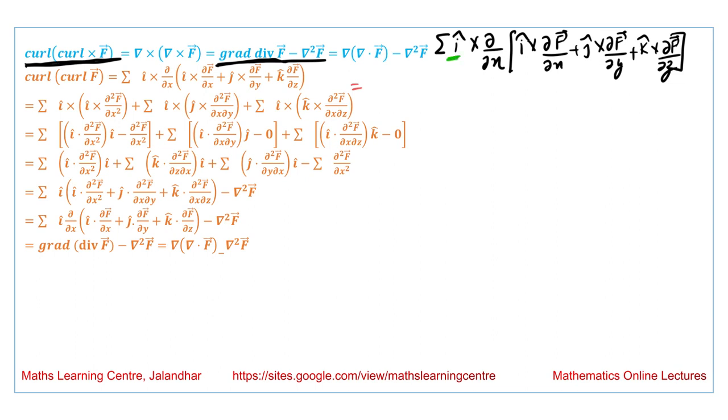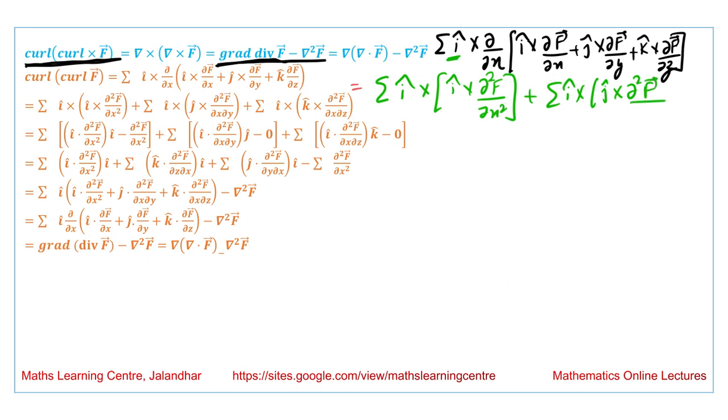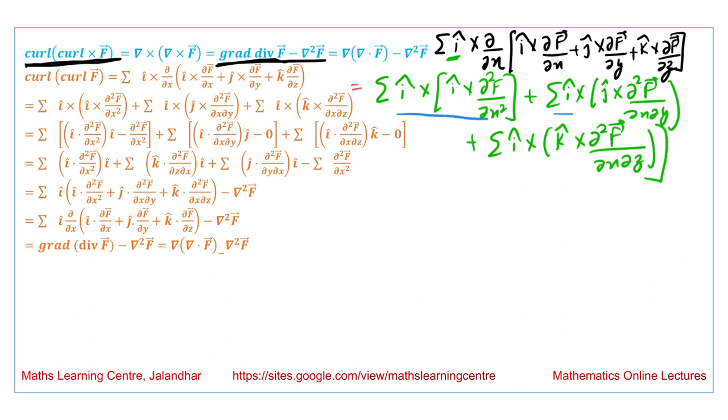Look at this term, i cap, when it is multiplied over here, we get sigma i cap cross (i cap cross ∂²f/∂x²) plus sigma i cap cross (j cap cross ∂²f vector/∂x∂y), and the last term is plus sigma i cap cross (k cap cross ∂²f vector/∂x∂z). So, these are the vector triple products that we have.